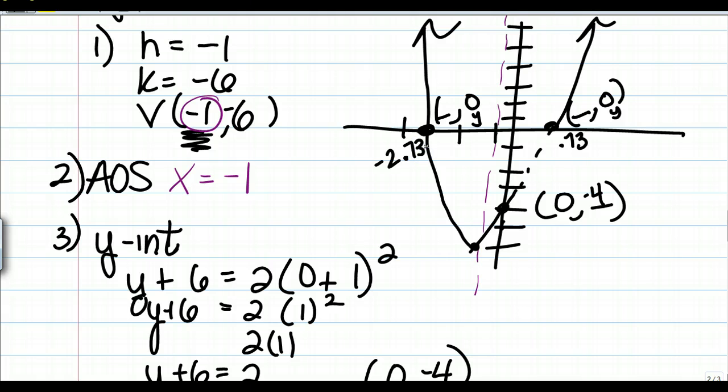The negative 2.73 answer was negative 1 minus radical 3, and the answer for 0.73 was negative 1 plus radical 3. And you should be giving the radical answers. If I asked you what the x-intercept was, you shouldn't give me the decimal answer. You should give me the radical answer. And like I said, the only reason you find these decimal answers is so you know exactly where to graph them on the graph.